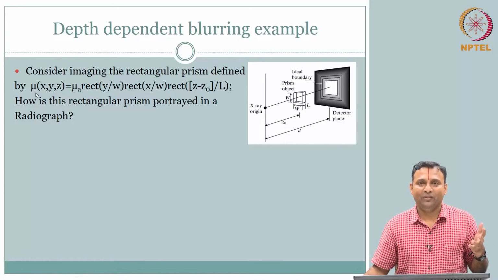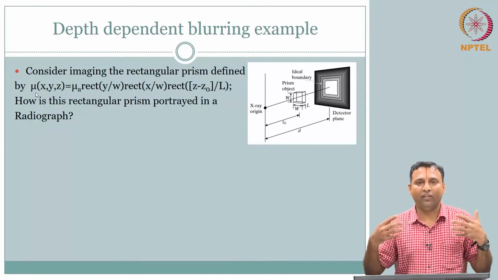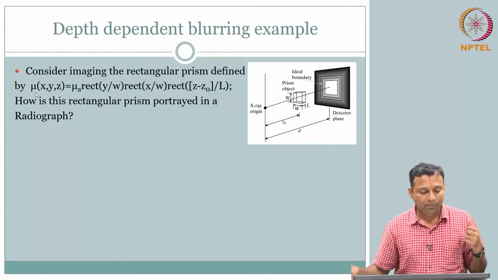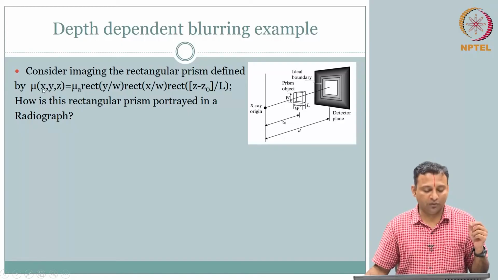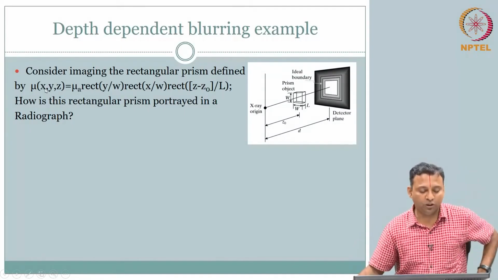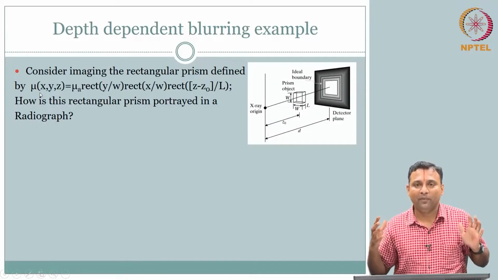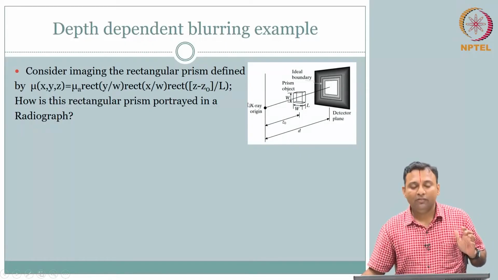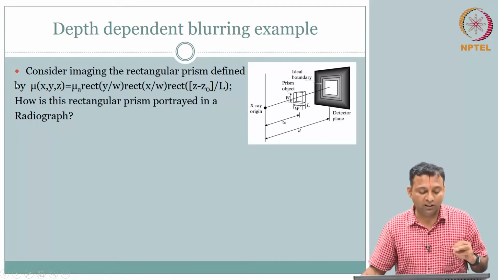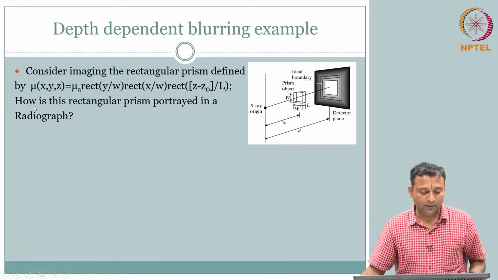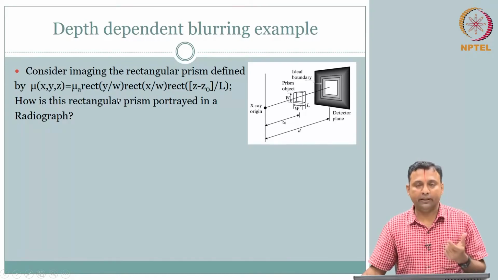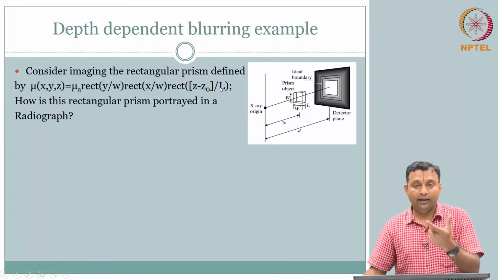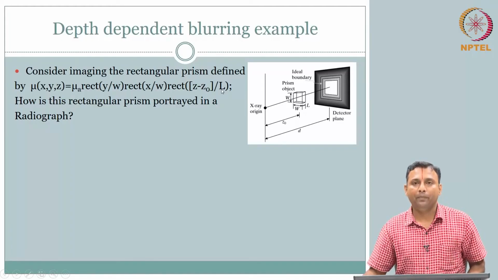Because we are dealing with X-ray imaging, the meaning of f of x comma y is a variation or distribution of mu, which is a function of x, y, z. So it is a spatial distribution of mu. We are interested in the attenuation property distributed in this prismic format, defined by this boundary: width, height and depth, which is L.